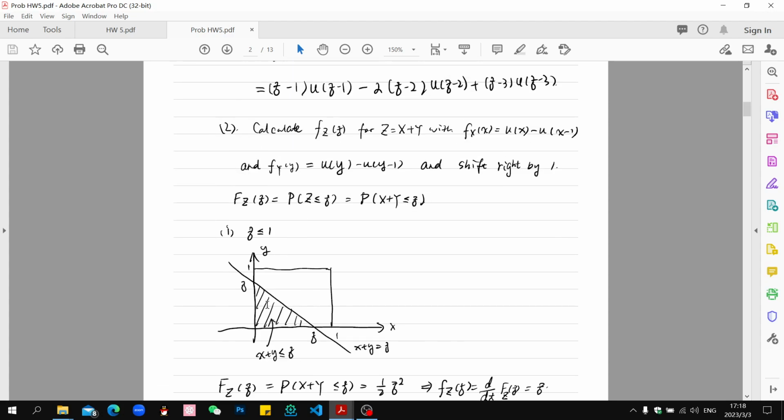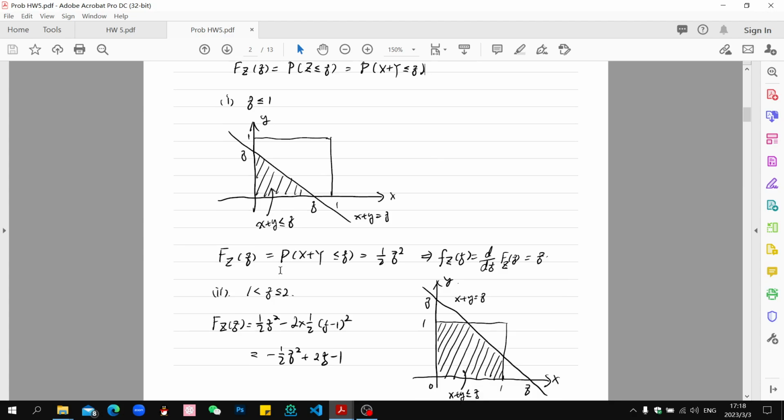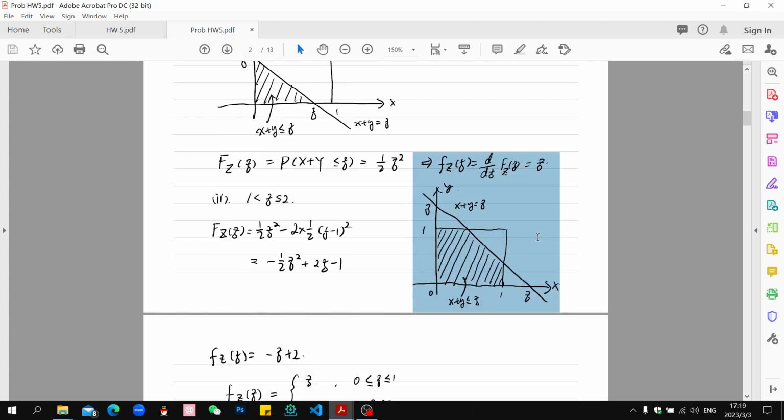But we know that it is 1 in this area, so basically F_Z for z smaller than 1 is the probability of x plus y smaller than small z, and basically it is the area of this shaded area. That is 1/2 z squared. And when we take the derivative, we find the small f, that is simply z.